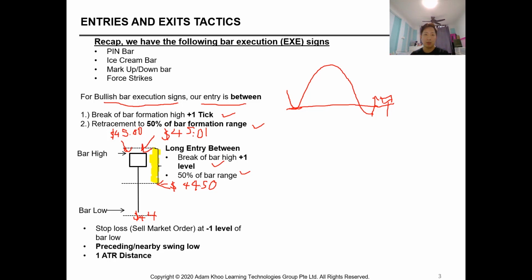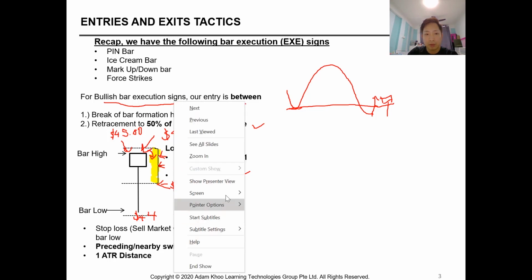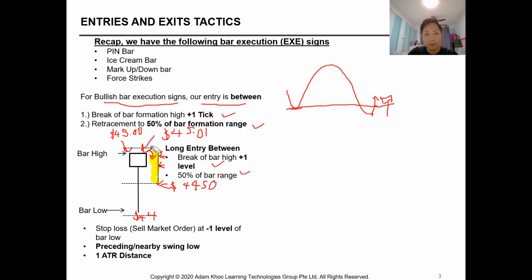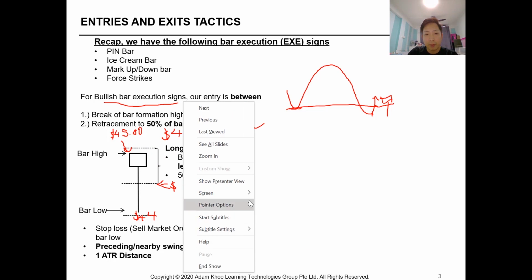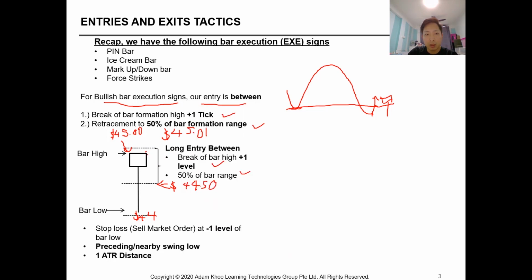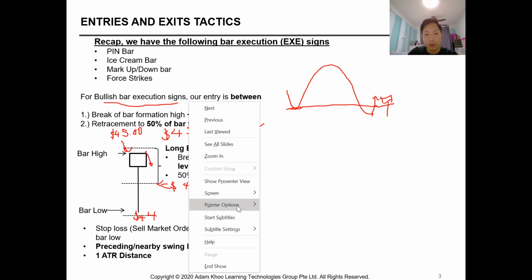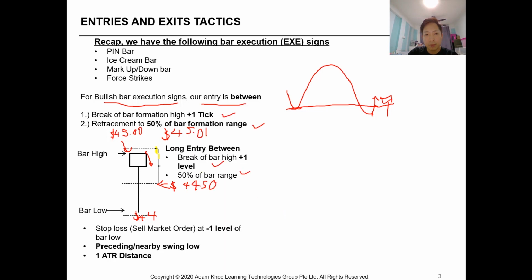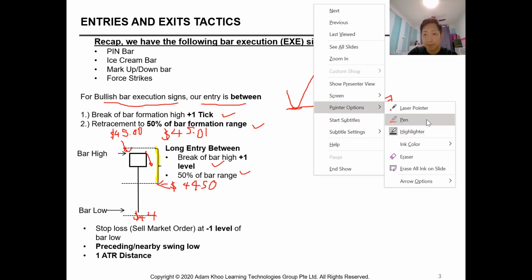You can wait for the bar to do a retracement to enter the trade here or here. Let me do an illustration here. You can wait for the bar to retrace to within the sweet spot entry zone, the yellow zone here, to enter your long trade.